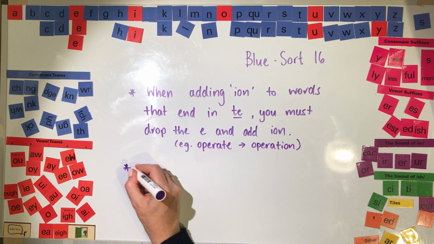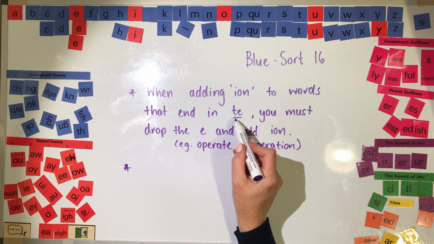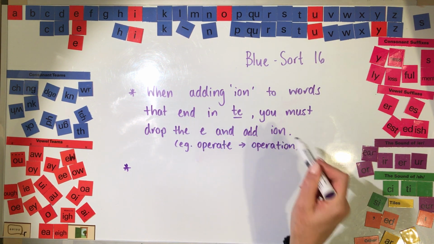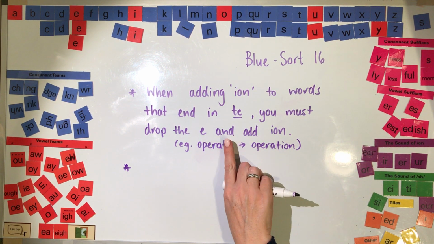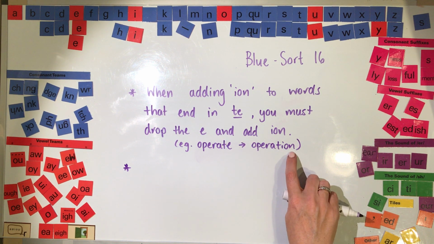Okay, second note. So when adding ION to words that end in TE, you must drop the E and add ION. Operate, so we drop the E and we add ION.